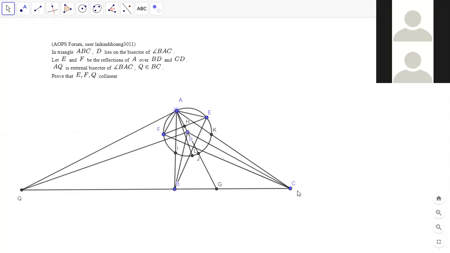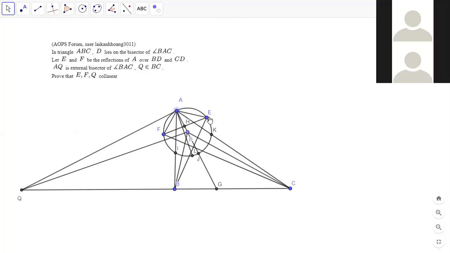Yeah. So the lines through A perpendicular to those four rays must also be a harmonic bundle. So we know AQ, AF, AL, AE is harmonic, right? Yeah.